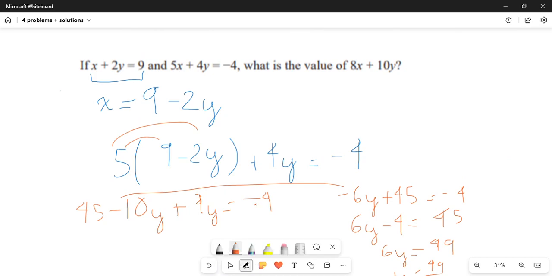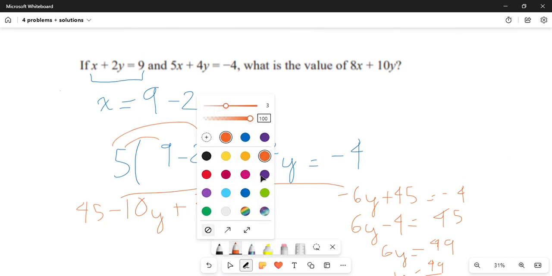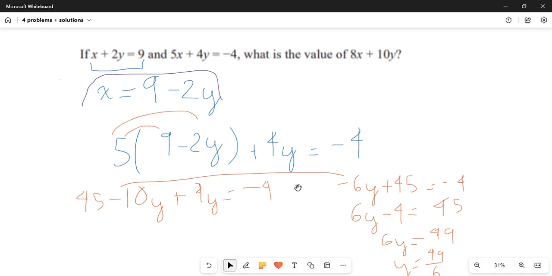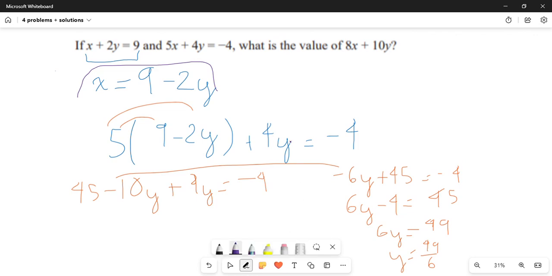And then I'm just going to do this extra step, which is to check your equation. Oh yeah, we need to solve for x anyways. So if x is 9 minus 2y, it'd be 9 minus 49 over 3.